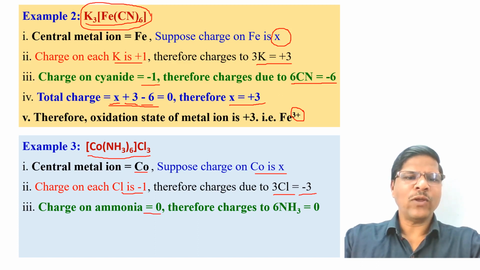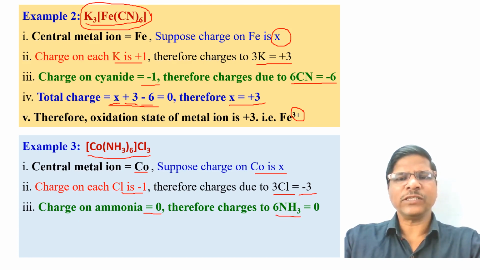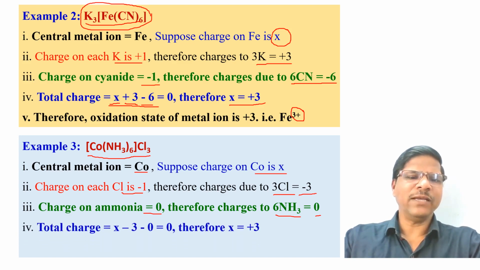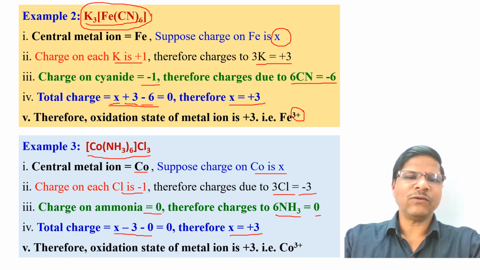Ammonia is a neutral molecule, therefore 0 charge, and 6 ammonia gives 6 into 0 equal to 0. Then we take the algebraic sum: X - 3 + 0 = 0, so X is equal to +3. So in the complex, cobalt is present in the +3 oxidation state.